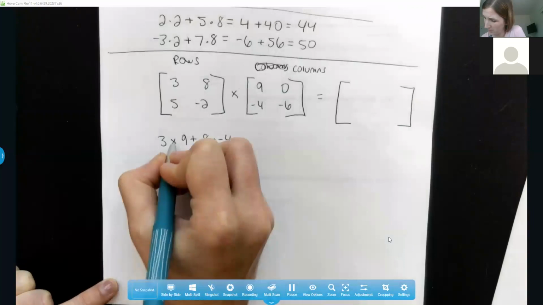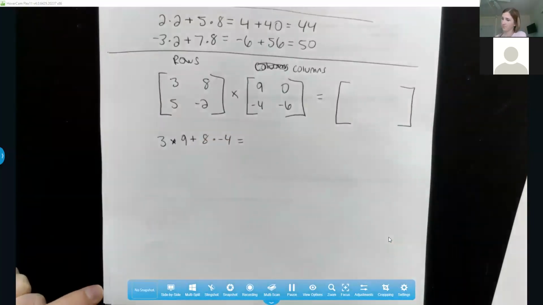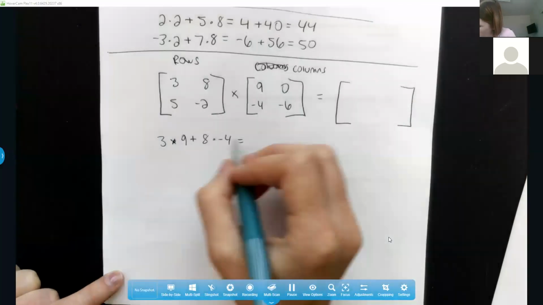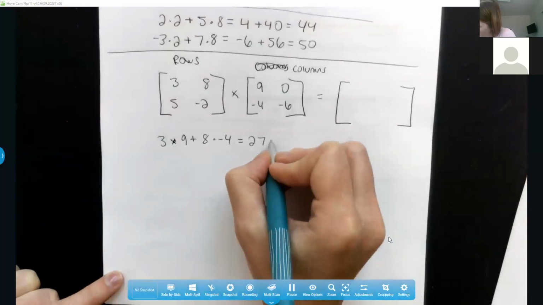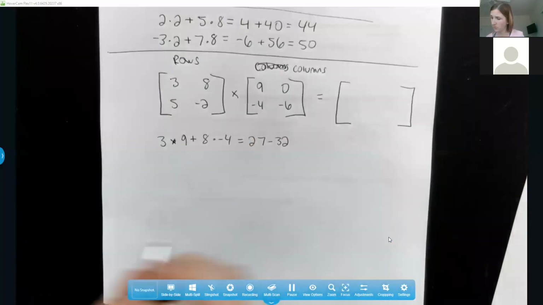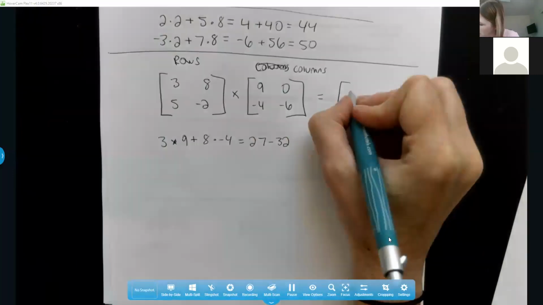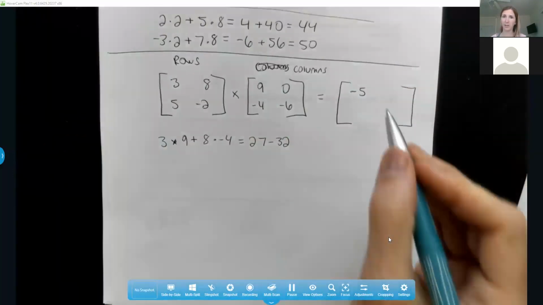You got it. So 3 times 9 is 27. 8 times negative 4 is a negative 32. When we add these together, 27 minus 32, you get negative 5? Okay, perfect. So we'll put negative 5 there.